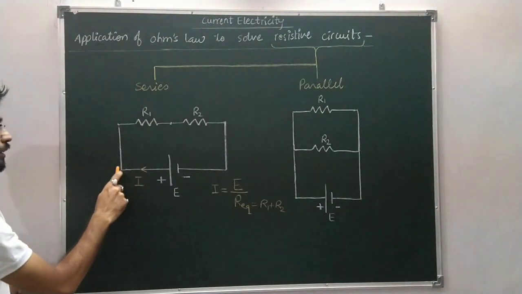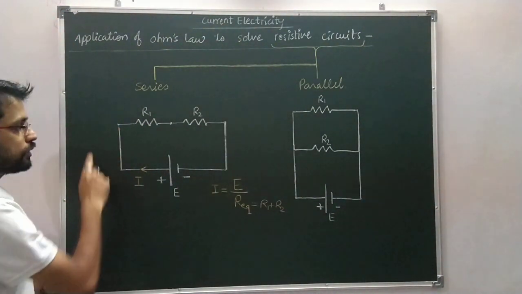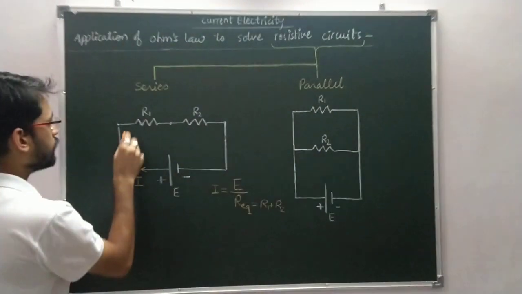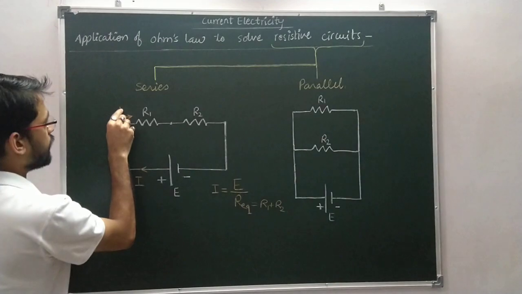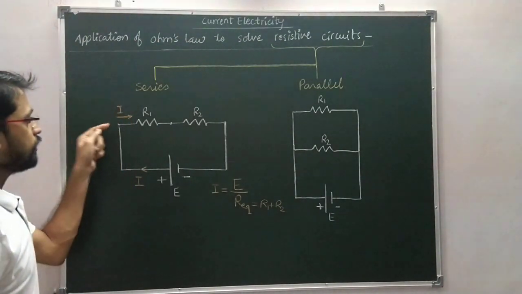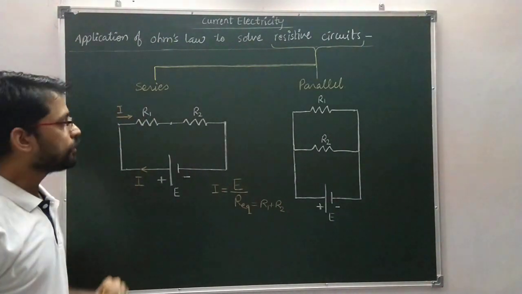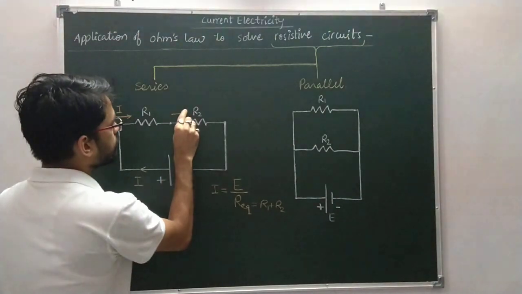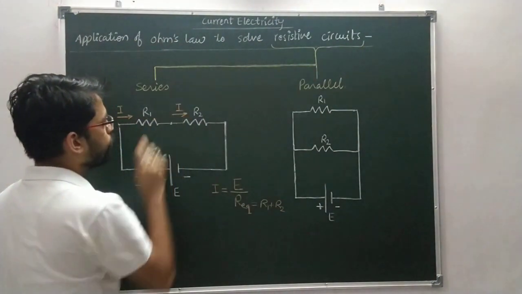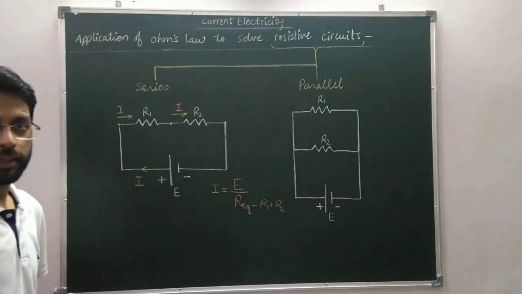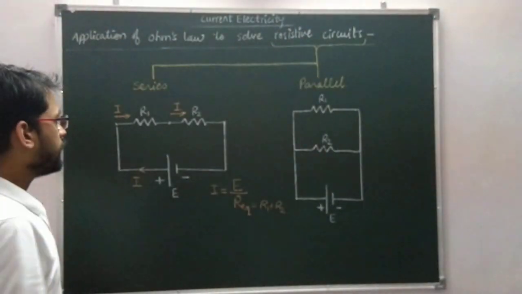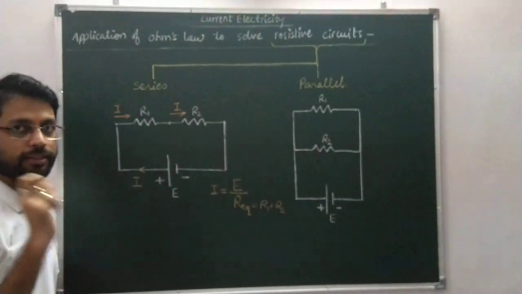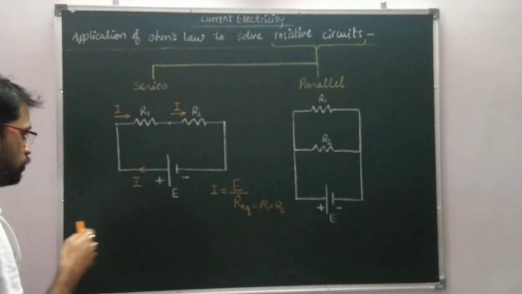Now this current flows through the circuit and throughout the circuit the current will be the same. It means the current through the resistor R1 and the current through the resistor R2 both will be the same. Current does not change in the series circuit. This is a very valid point to be noted.